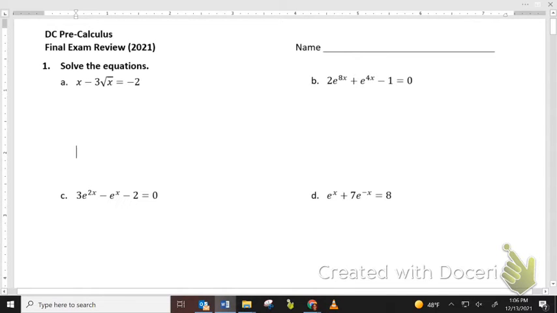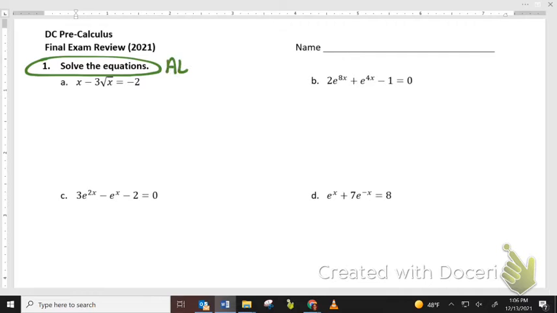For all of the problems in number 1, these are all quadratic type. Every single last one of these is a quadratic type problem. What do we use for quadratic type?